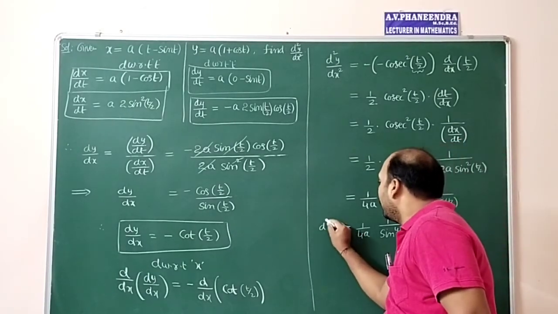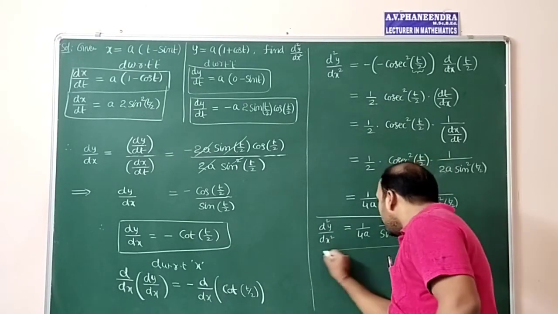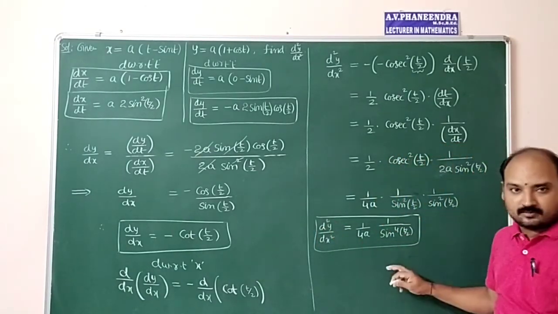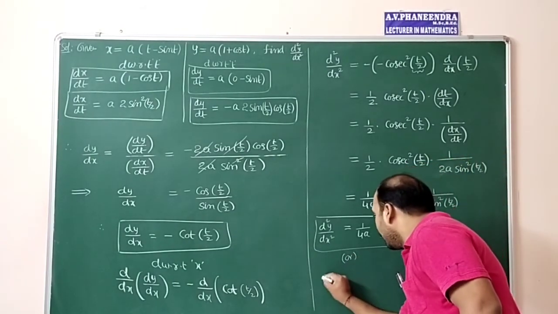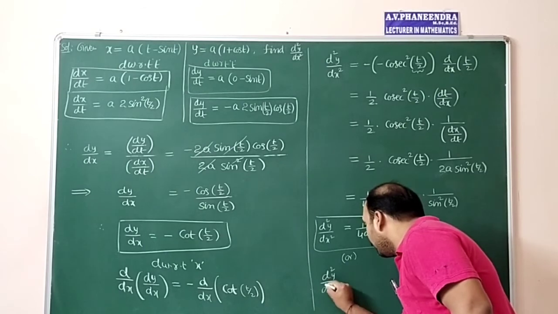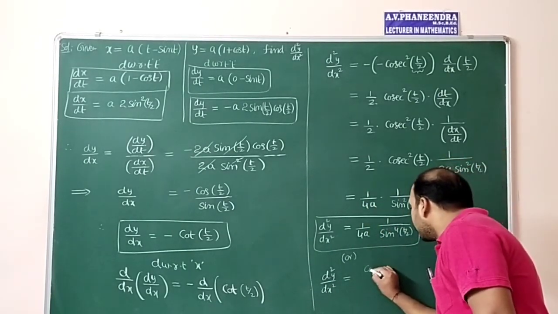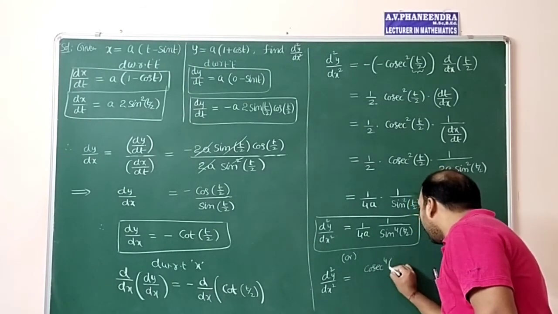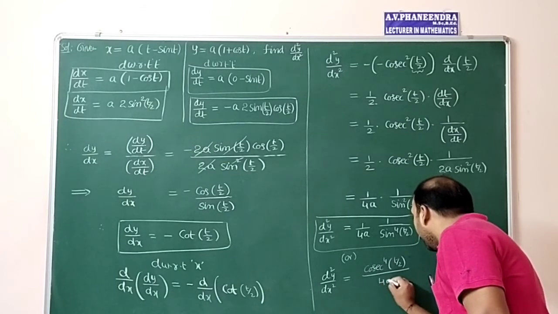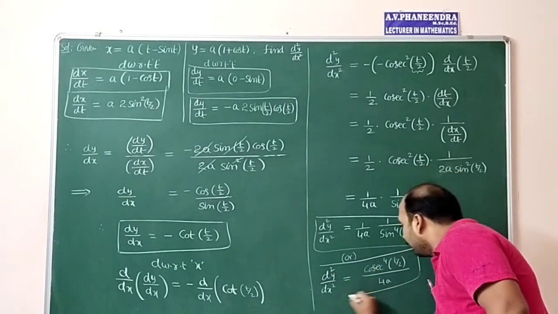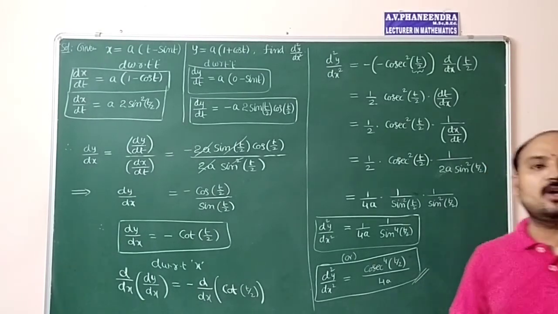So d square y by dx square is this value. Suppose you want to keep it in terms of cosecant, then d square y by dx square is equal to cosecant power 4 t by 2 divided by 4a. Like this you have to give the answer.